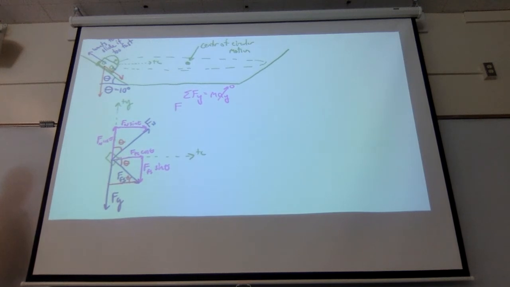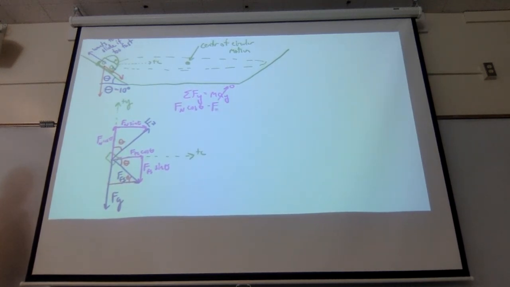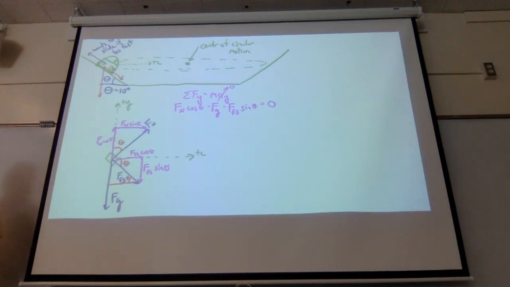We've got Fn cosine theta minus the gravitational force minus F friction static sine theta equals 0. Well, that's a long equation. One is up, two are down. And if you look through that equation, there's only one unknown. So let's go ahead and work through that.